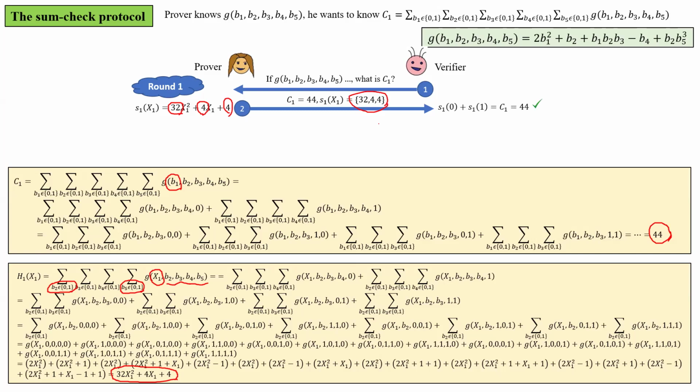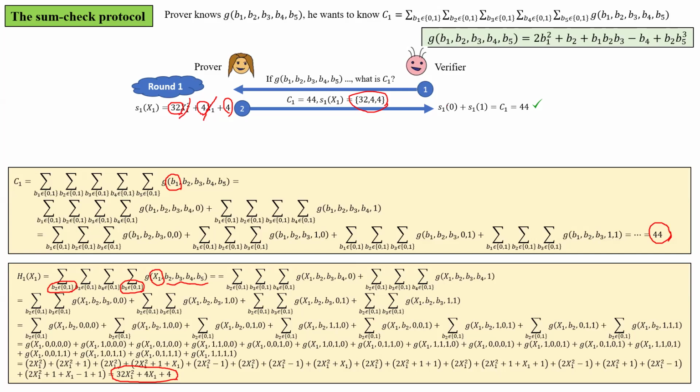On the verification side, the verifier forms s1(x1) using the received coefficients, and then he calculates s1(0), which equals 4. So here, if the verifier replaces x1 with 0, and x1 to the power of 2 with 0, then s1(0) would be 4.